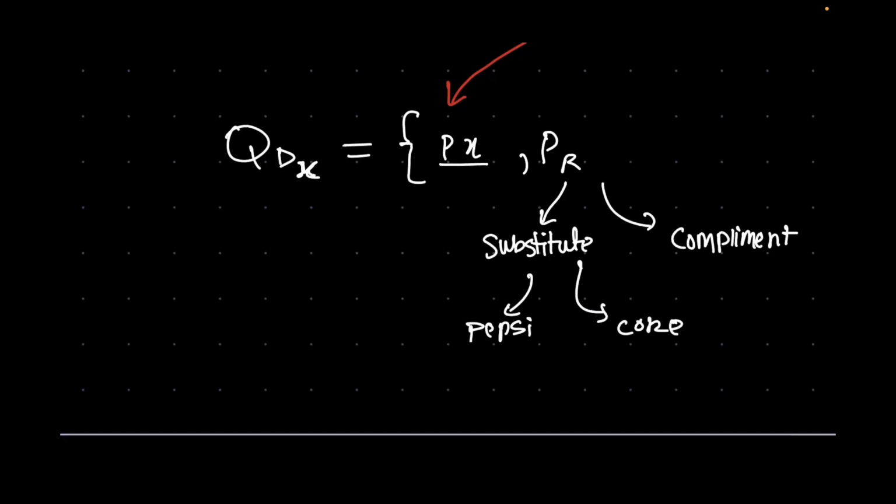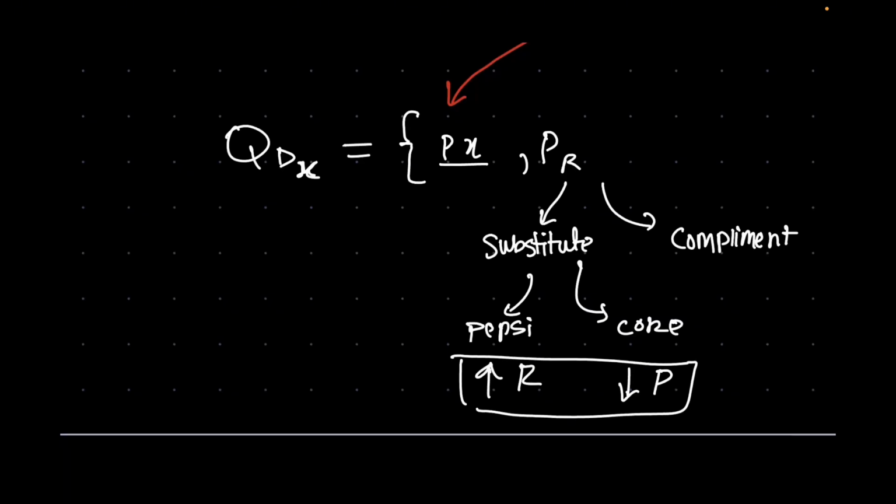So they replace each other technically. So if you buy a can of Pepsi, chances are that you're avoiding the Coke and you're buying the Pepsi. These both are rivals. So when the demand for your rival increases, the demand for your product decreases, and vice versa.